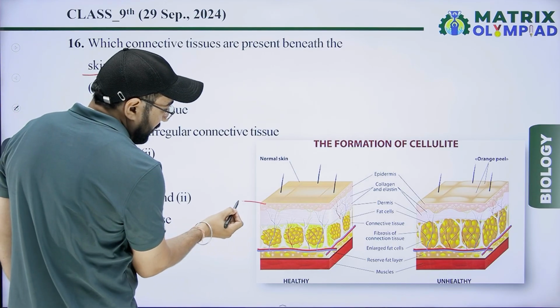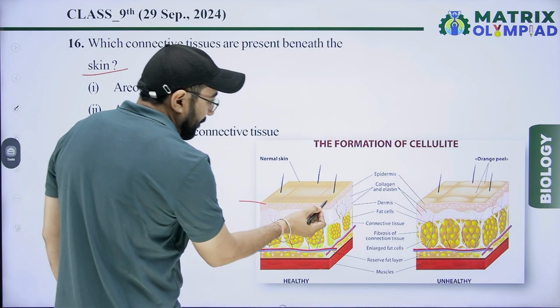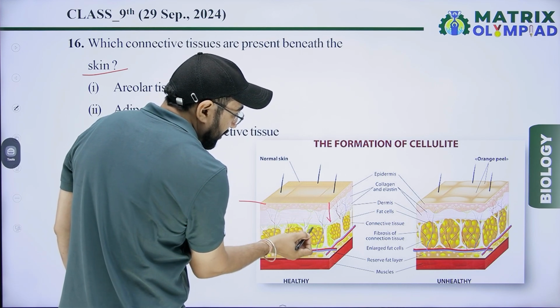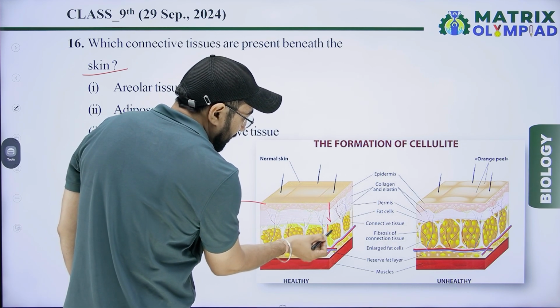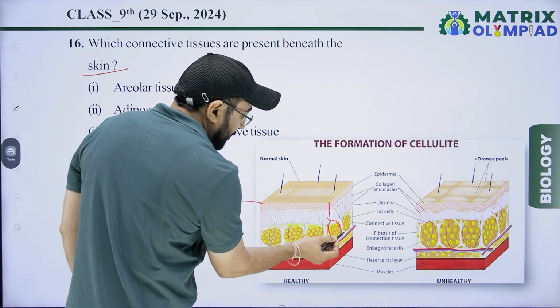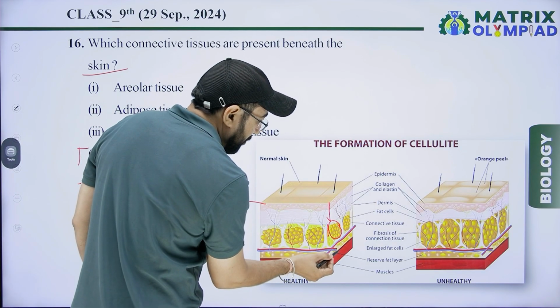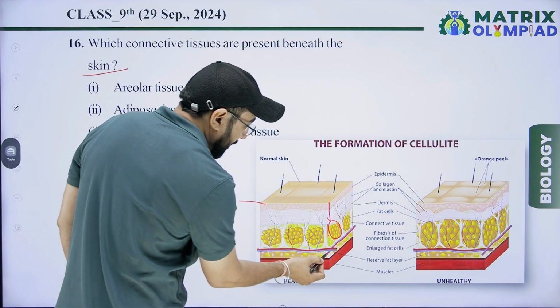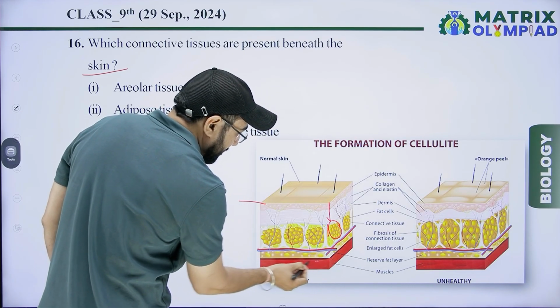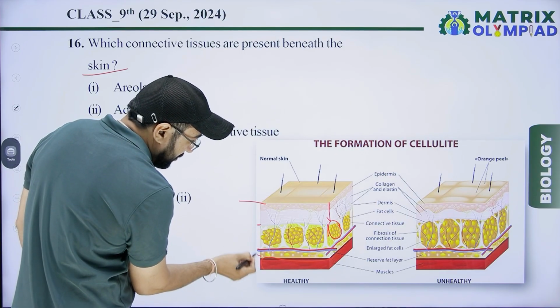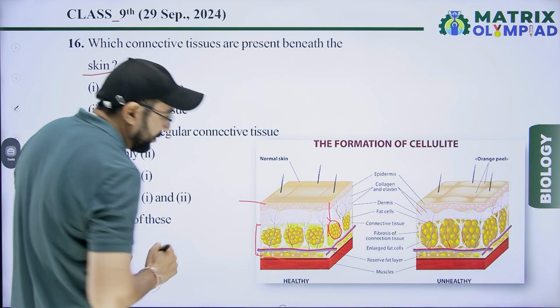This is our skin, epidermis, and this one is the dermal part, dermis, and this one is fat cells, that is adipose tissue, a connective tissue, which reserves fat. This one is muscle, and this one is fat, adipose tissue.